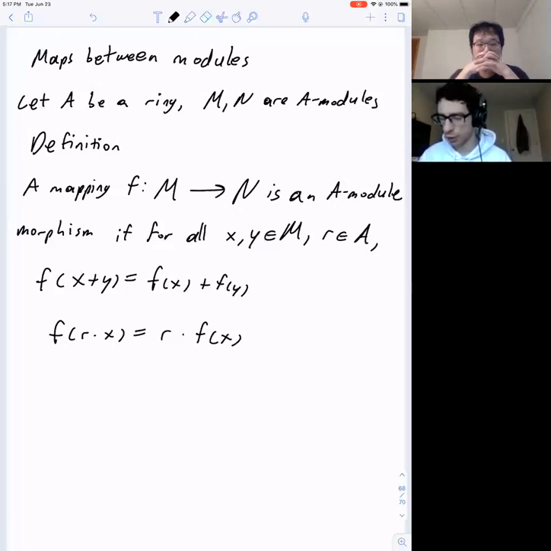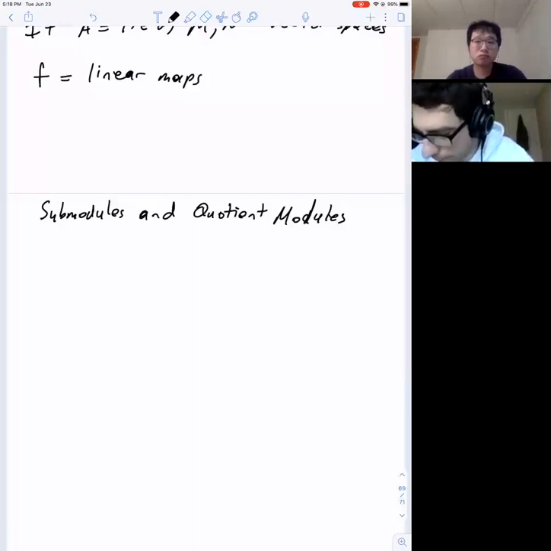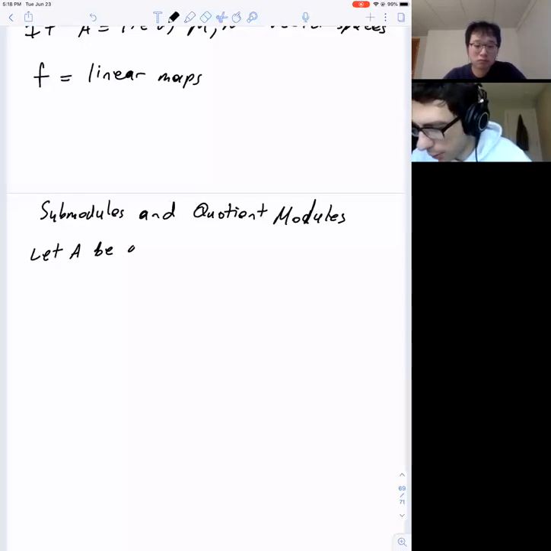There's also generic structure inherited from groups. I will not talk much about this, but all the theory about submodules and quotient modules are the same. So if you have an A module M, say M is an A module.